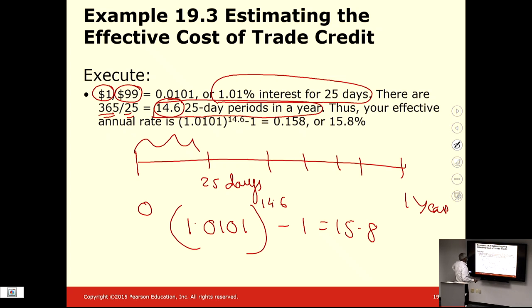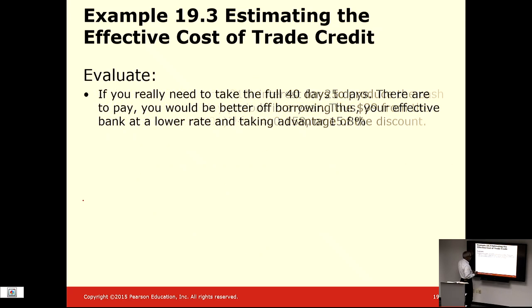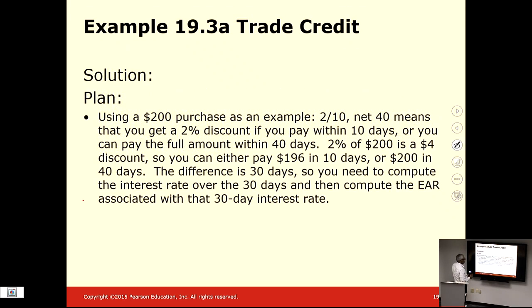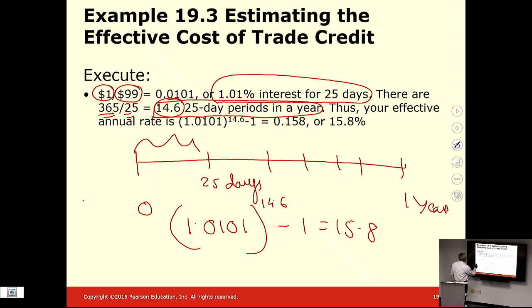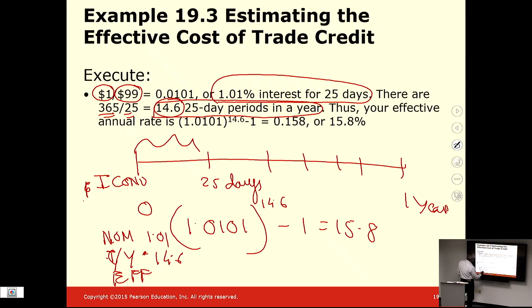Another way you could do this is to use the iConvert feature in your calculator. You would enter nominal as 1.01, CY, the number of compounding periods, as 14.6, and you can calculate effective.